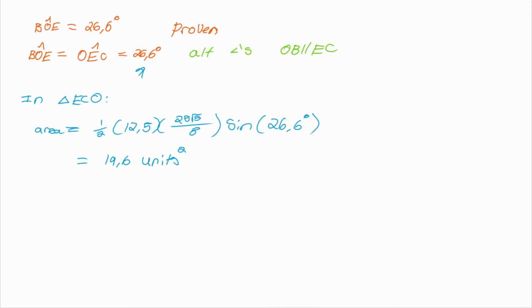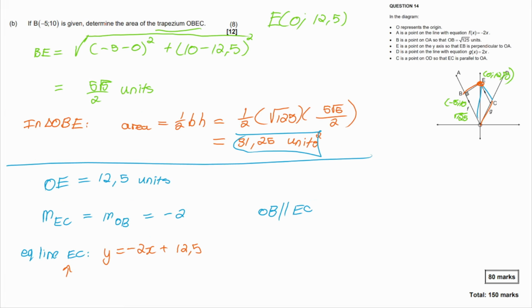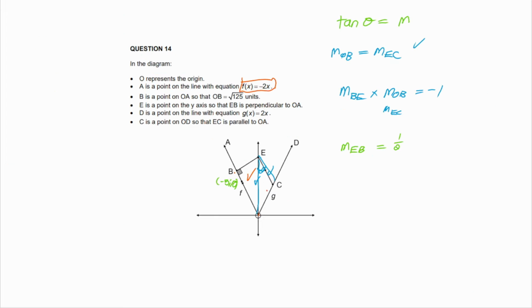Okay, but let's not lose focus. Where will they ask? Okay, they want the area of the trapezium. We've worked out the area of this triangle and this one separately. So to find the area of the whole trapezium, we just add them together.